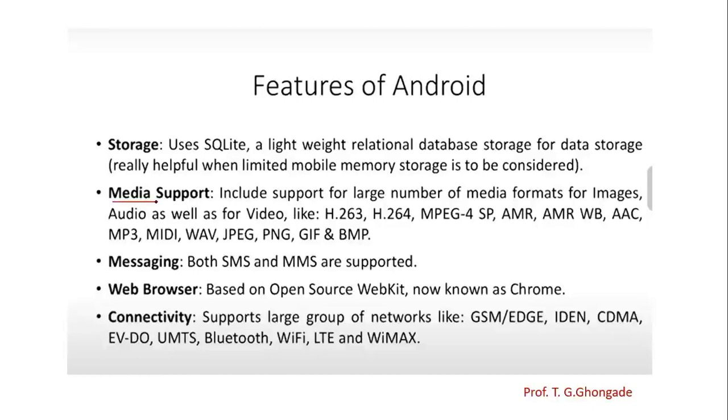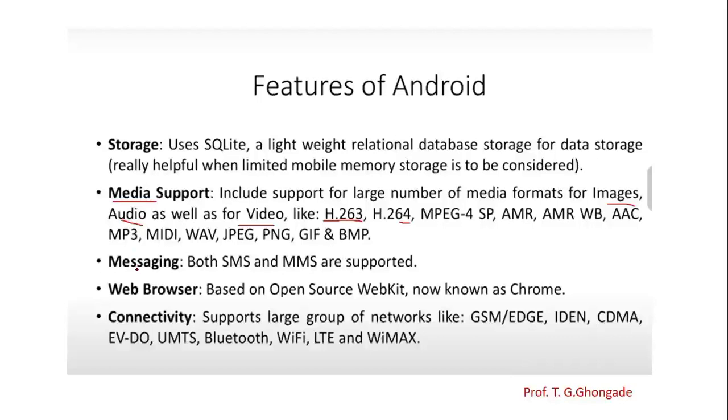It supports the majority of formats. You can see listed here images, audio, as well as video, like H.263, H.264, AMR, AMR-WB, JPG, PNG, GIF, and BMP. So the Android operating system supports lots of formats.